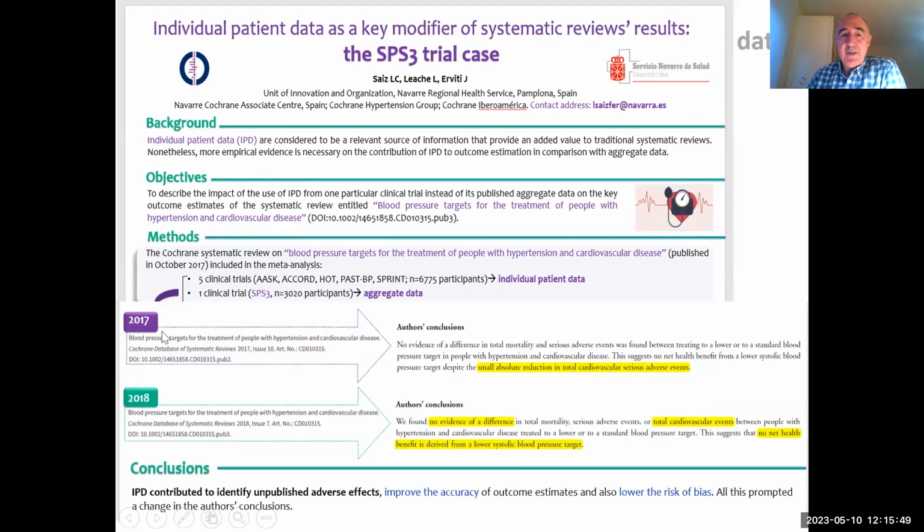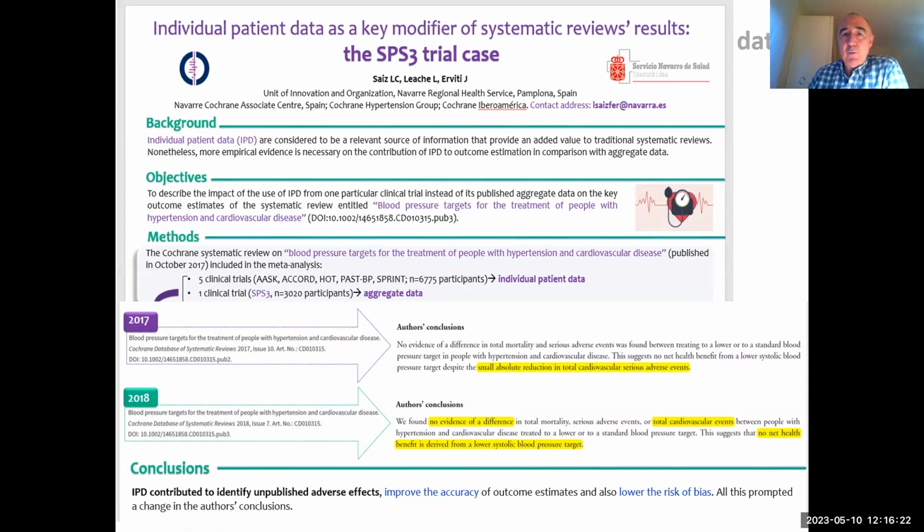So in 2017, we concluded that for most outcomes, there was no benefit in lowering the blood pressure beyond standards. But for one outcome, we found that there was small absolute reduction in total cardiovascular serious adverse events. That means for serious adverse events outcome, there was a small benefit, right?